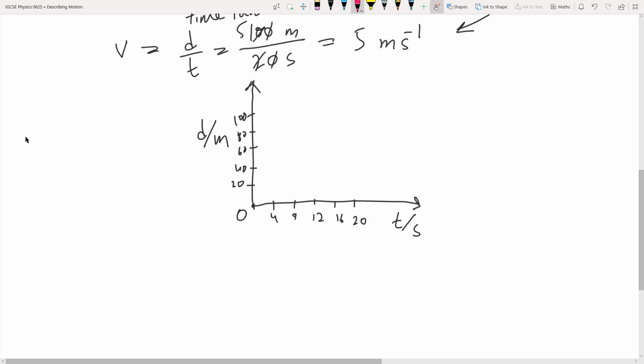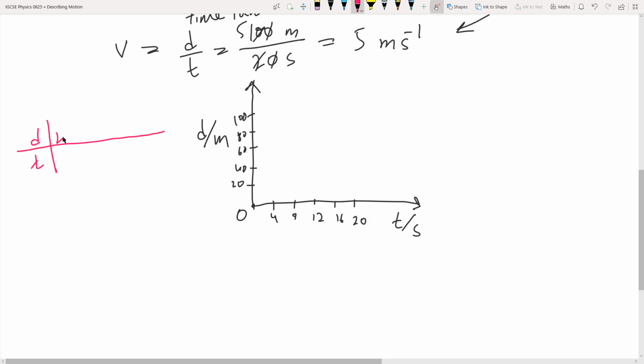Now I'm going to draw a chart as well, where I'm going to plot distance and time, right? So let's chart it out a little bit.